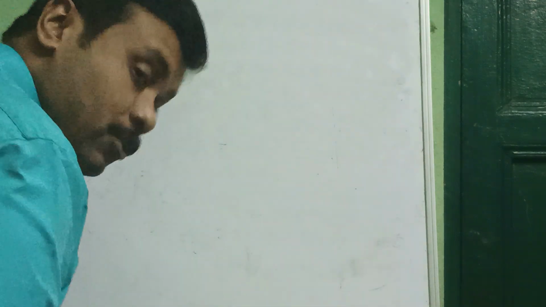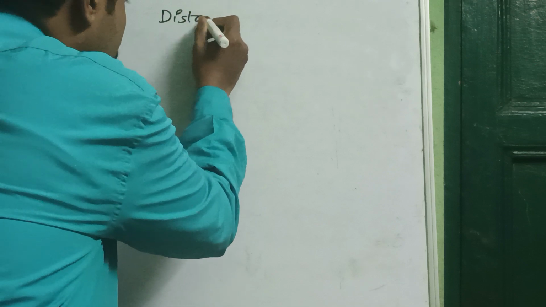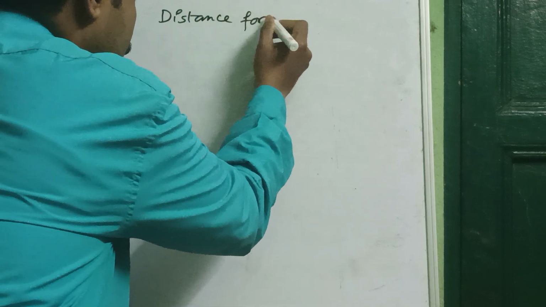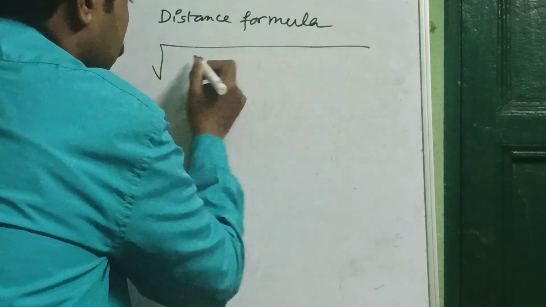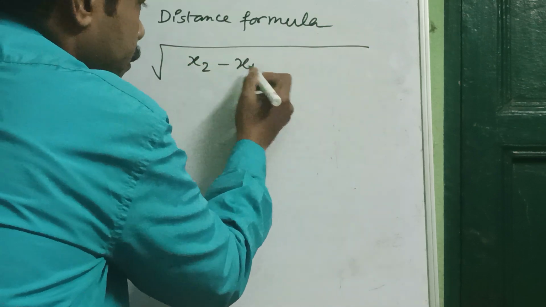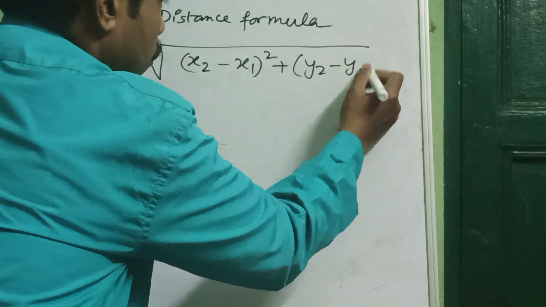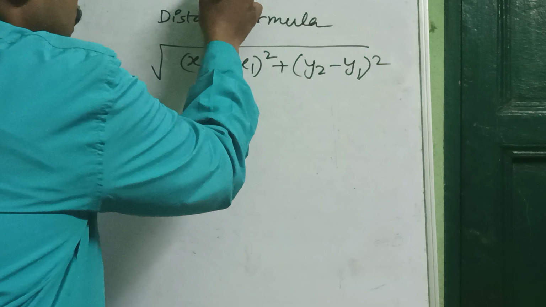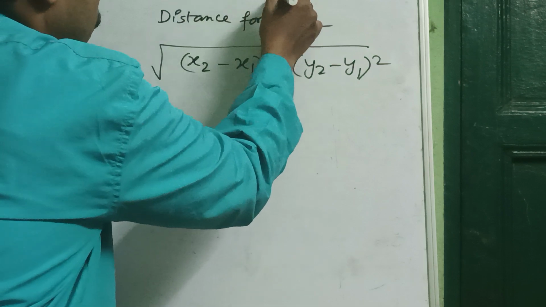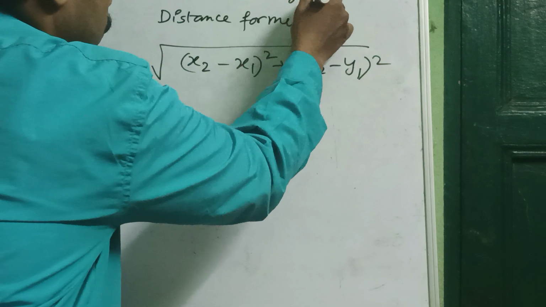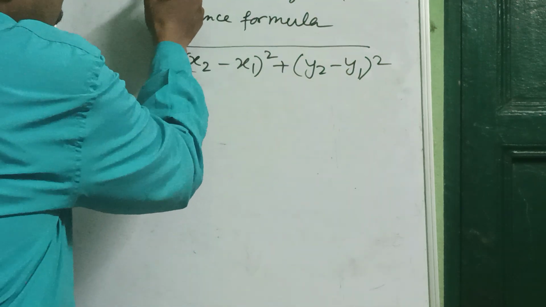Okay, first of all, the distance formula: square root of x2 minus x1 whole square plus y2 minus y1 whole square. Exercise 19.4 ML Agarwal, Class 9.